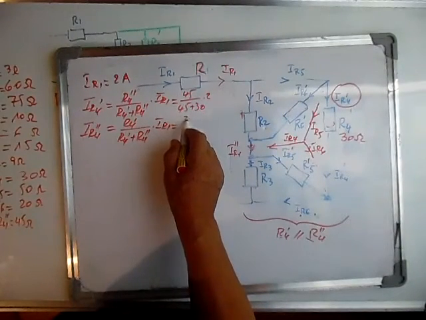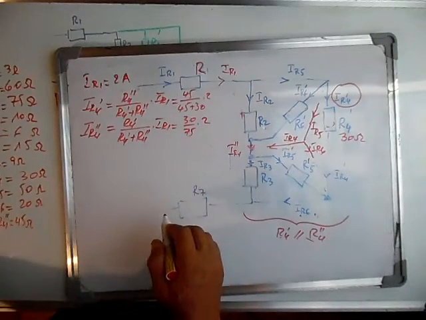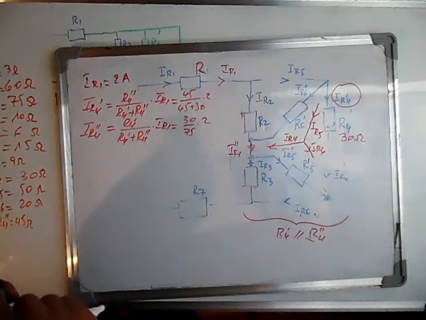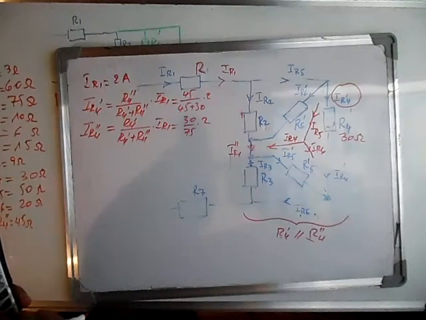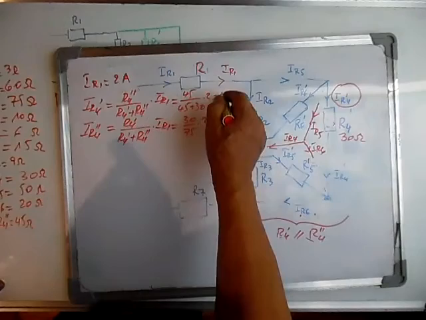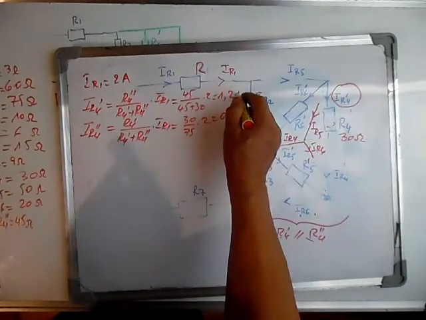Here it's 30 over 75 times 2. So it means here 45 divided by 75 times 2. Here it's 1.2 and here it's 0.8 amps.